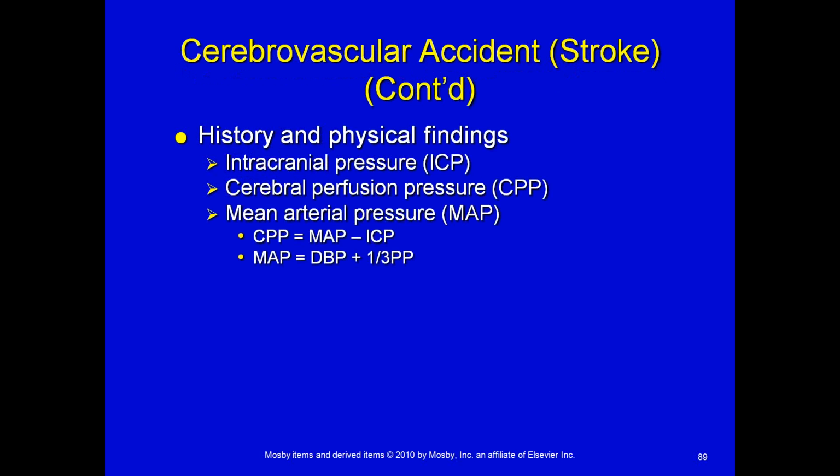So as ICP rises, the brain has to selectively vasoconstrict vessels in order to get the average pressure in the arteries to rise. Otherwise, it gets no blood supply at all. And MAP can be determined by taking the diastolic pressure plus 1/3 of the pulse pressure. And the pulse pressure is the systolic minus the diastolic.